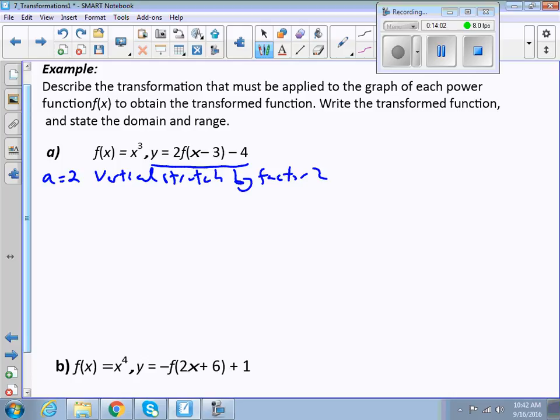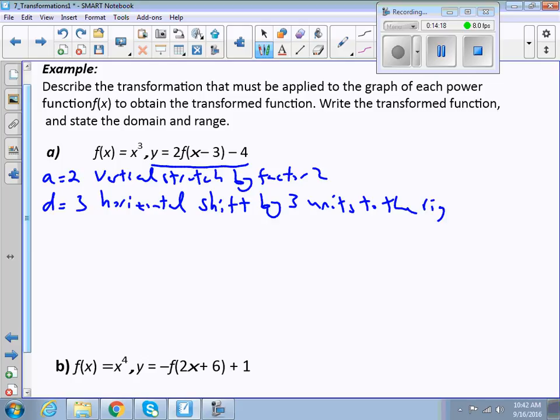My K is 1, so I don't need to write that. My D is 3, so a horizontal shift by 3 units to the right. And my C is -4, which is a vertical translation 4 units down.